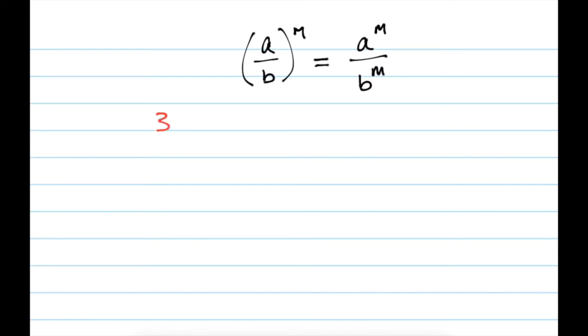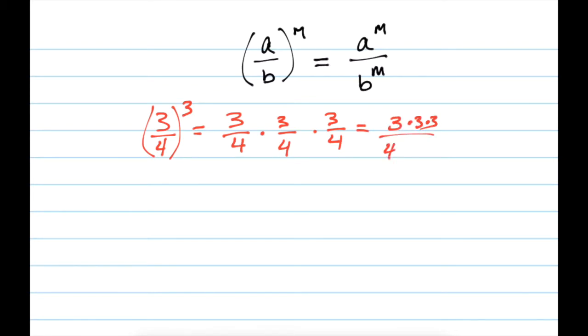The reason is, if I had something like 3 over 4 to the 3rd, I know that that would be equal to 3 fourths times 3 fourths times 3 fourths. And when I multiply fractions, I multiply across the top. So I'd have 3 times 3 times 3 over 4 times 4 times 4. And that is, by definition, equal to 3 to the 3rd over 4 to the 3rd. This is called the power of a quotient property.